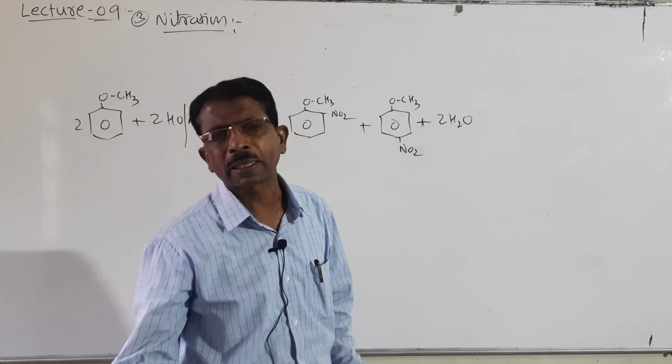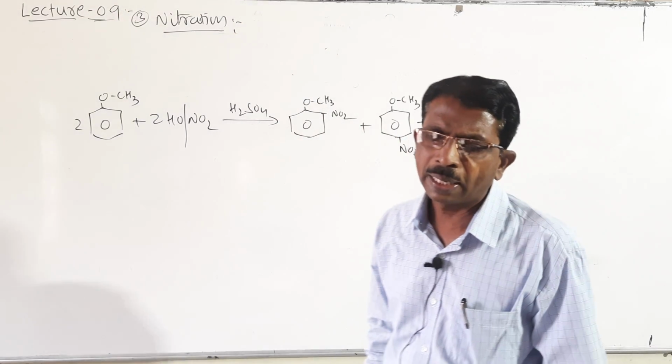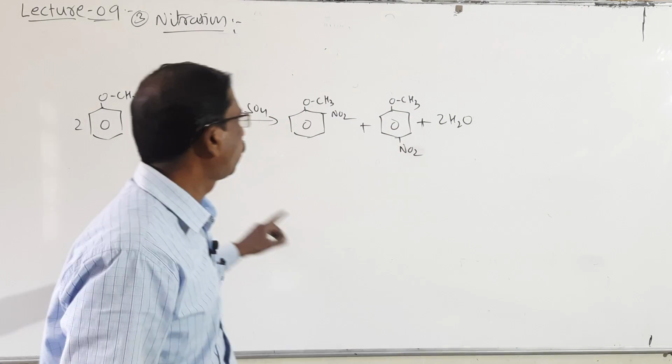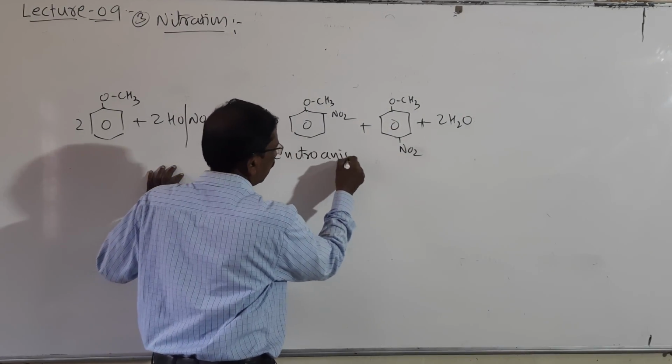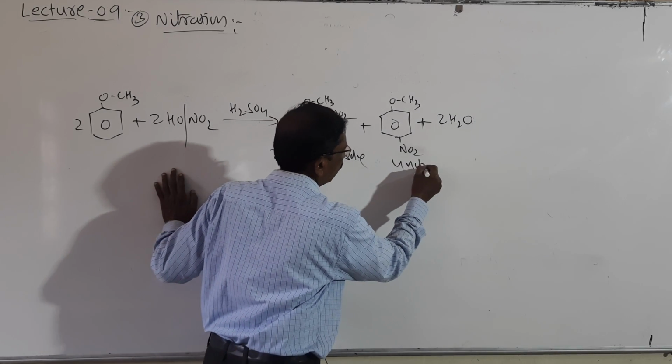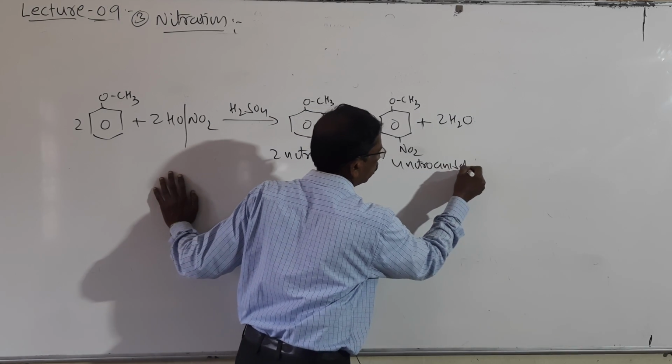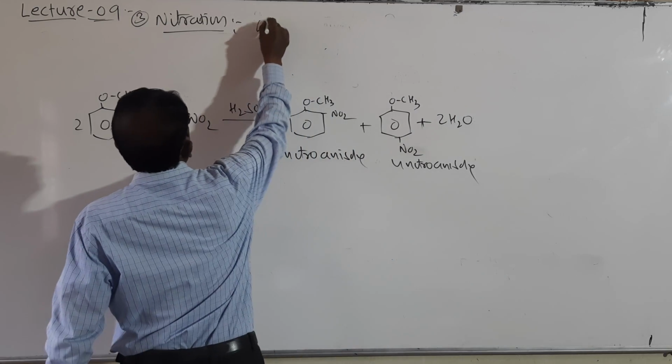So sulfuric acid acts as a catalyst, and it forms 2-nitroanisole and 4-nitroanisole. So here the statement is very simple.